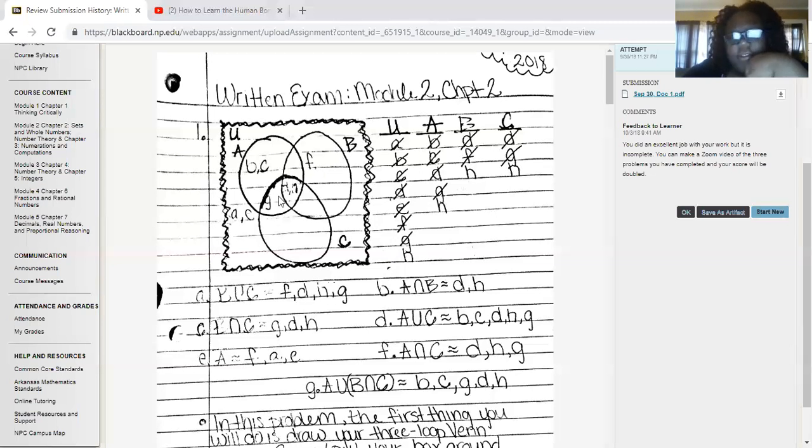So G is going to go in this little part of home right here. Next, we have H. So H is in every single group home. Well, not going to say group, but it has a home in each one of these spots. So we're going to put H also with the D right here in the middle home right there.